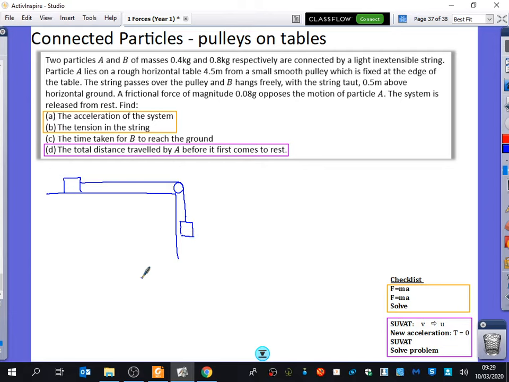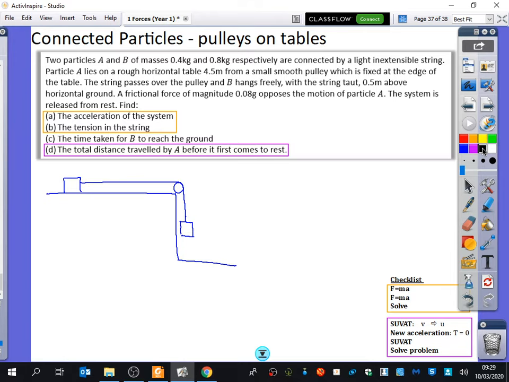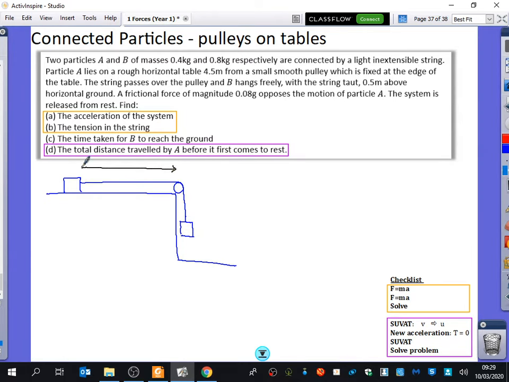And I should also indicate some of the other information they've said. They've told me some distances: this distance here is 4.5 meters, and this distance here is 0.5 meters.